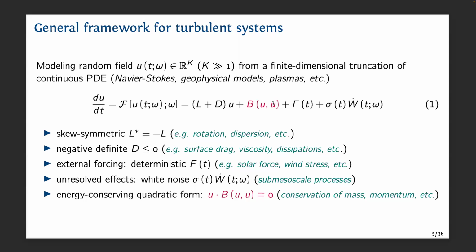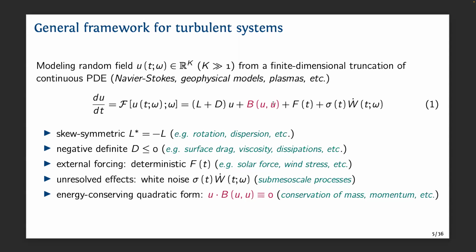So that's the key. The dimension is a very large number. And to summarize it in an abstract way, there is a linear effect. And here I'm using examples from geophysical flows, but in fact, it can include many other types of systems.